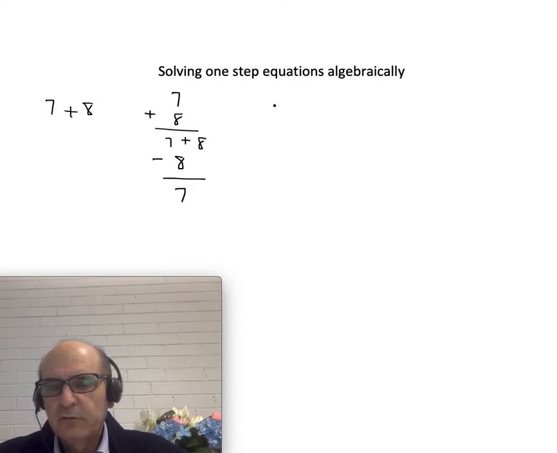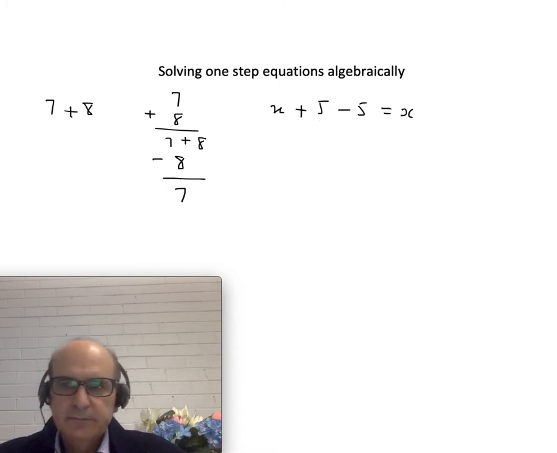So in other words, if you have any number like x and then you add another number to that, say 5 or any other number, and then take away 5, you end up with x. Because whatever you added here, you're taking away here. You end up with your original number that you had.